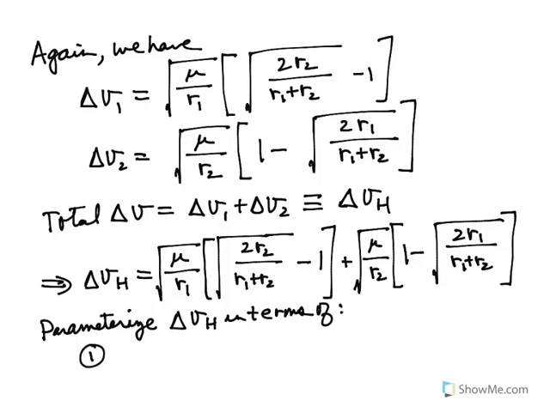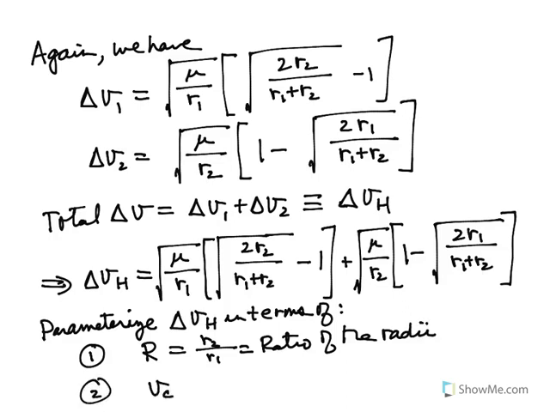One, we're going to do it in terms of this ratio r2 over r1, which is the ratio of the radii. And the second is we're going to use VC1, which is equal to the square root of mu over r1, which is the initial orbit circular speed.